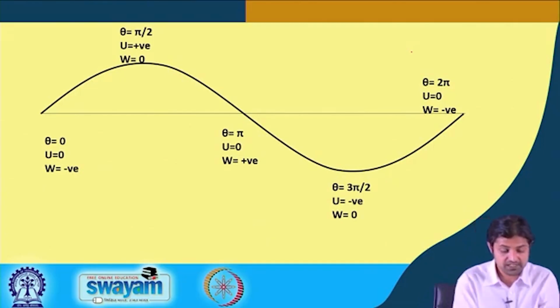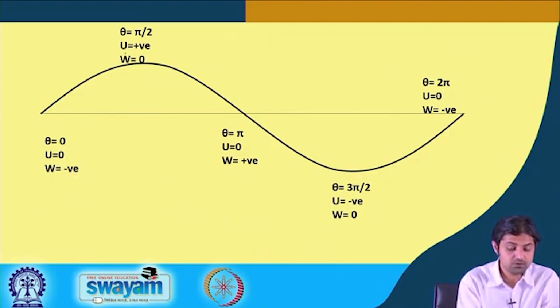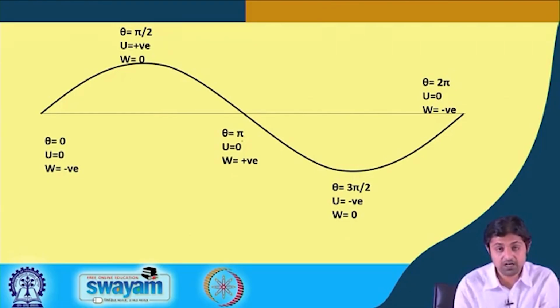Here the phase angle is assumed to be 0, theta is equal to 0, u is equal to 0 and w is negative. Here theta is pi by 2, u is positive and w is 0 at the top. Here theta is equal to pi, u is 0, but w is positive. At 3 pi by 2, u is negative and w is equal to 0.